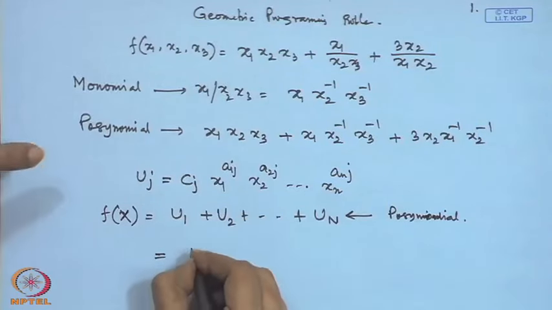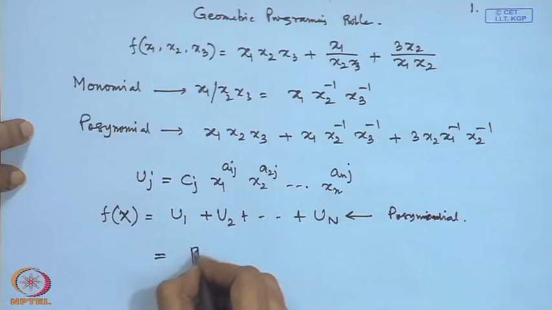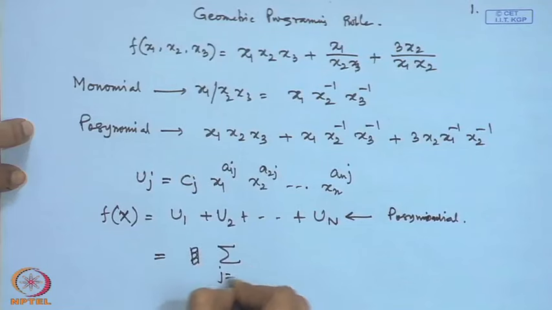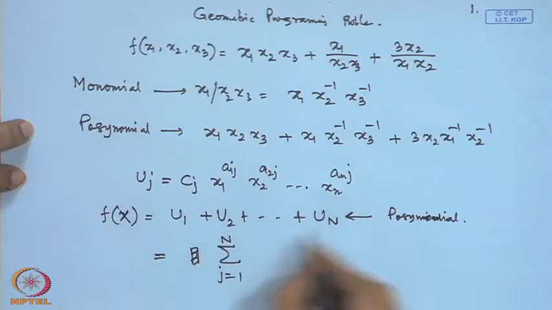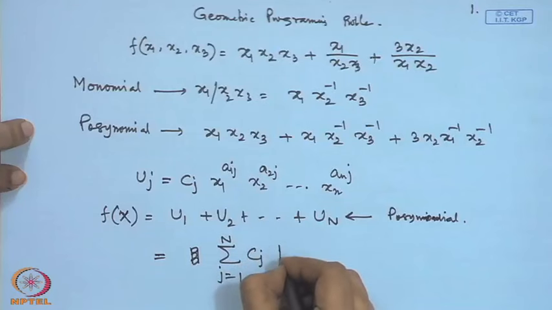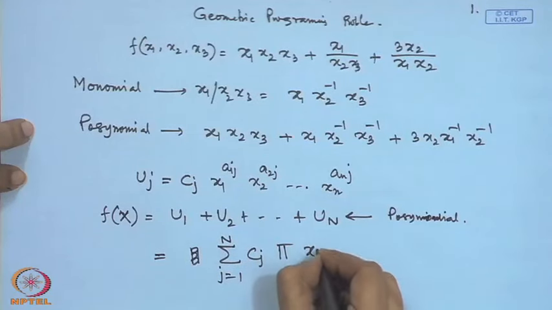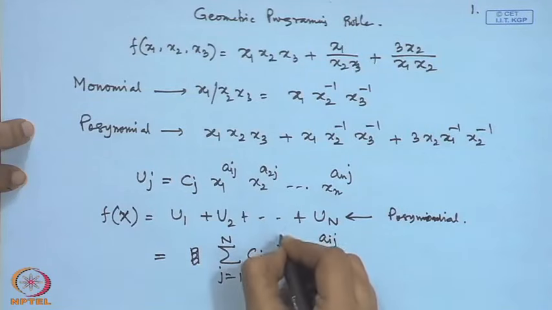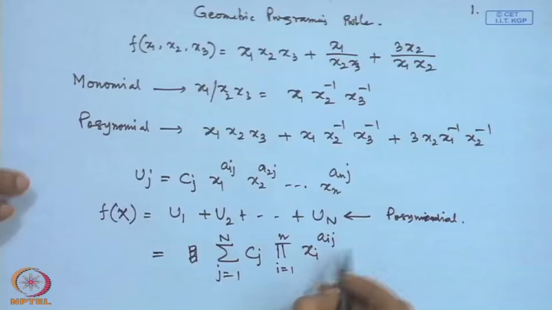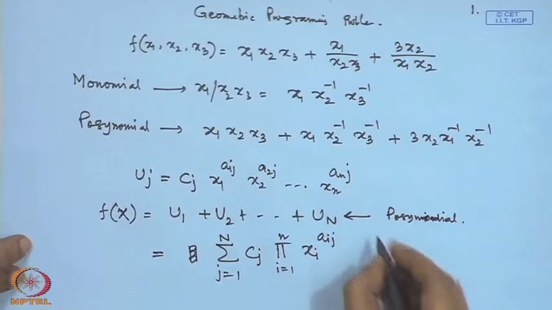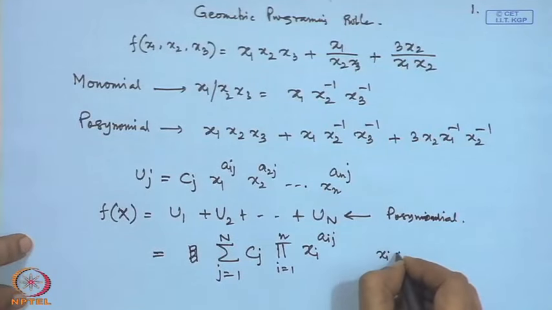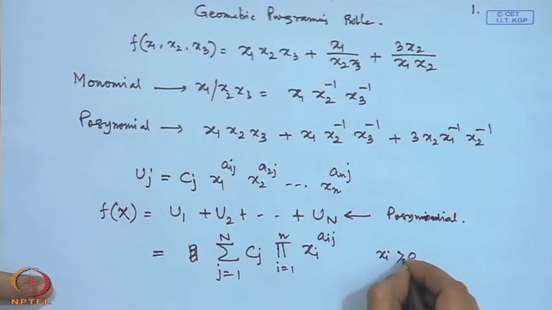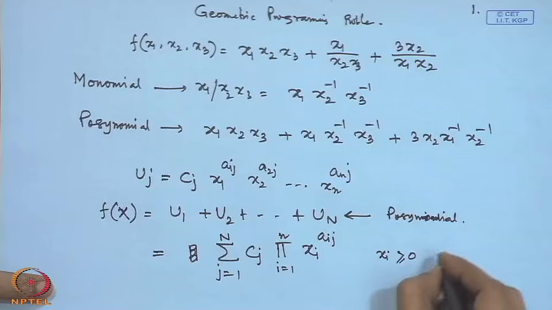In a more general form, we can write it as the summation for j equal to 1 to N of Cj times the product, for i equal to 1 to n, of xi to the power aij. Here x1, x2, up to xn are all the decision variables. In the optimization problem we generally consider the non-negativity constraint, xi greater than or equal to 0 for i equal to 1 to n.